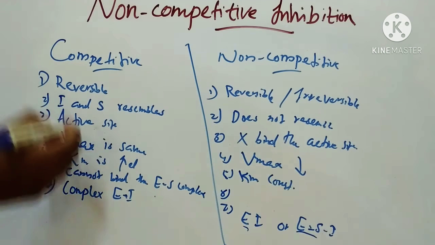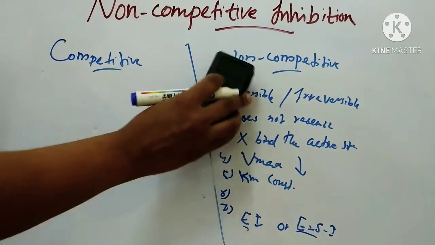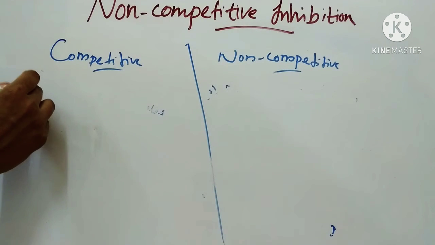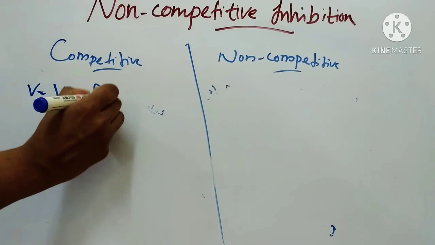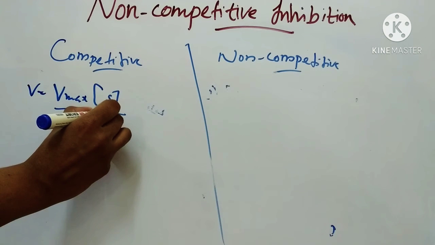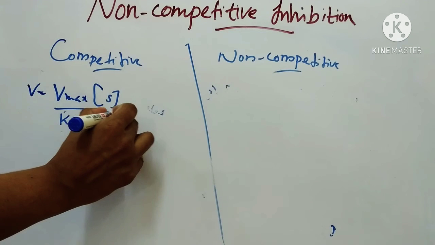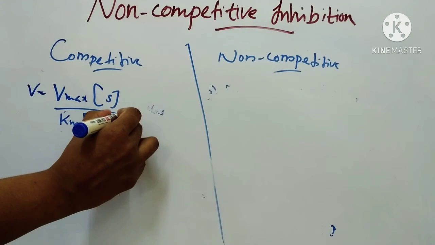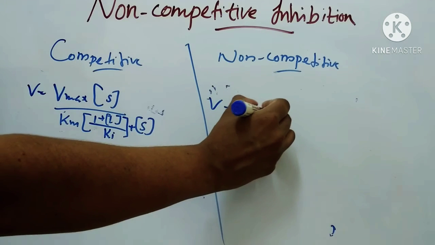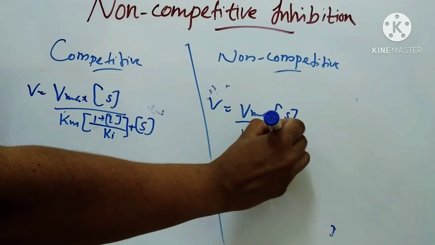Then in competitive inhibition, the Michaelis-Menten equation changes to V equals Vmax times S divided by Km times (1 plus I by Ki) plus S. In non-competitive inhibition, V equals Vmax times S divided by (Km plus S) times (1 plus I by Ki).